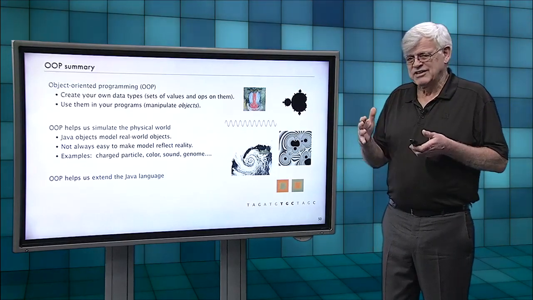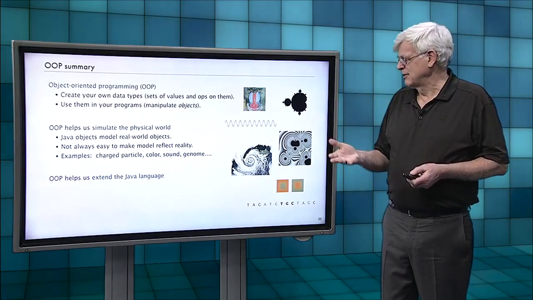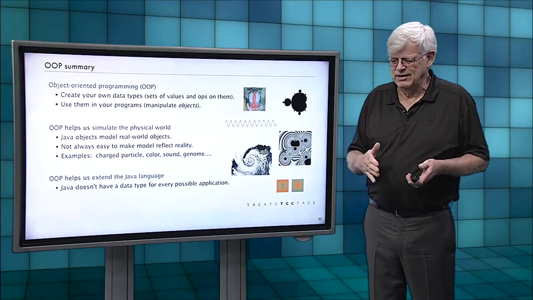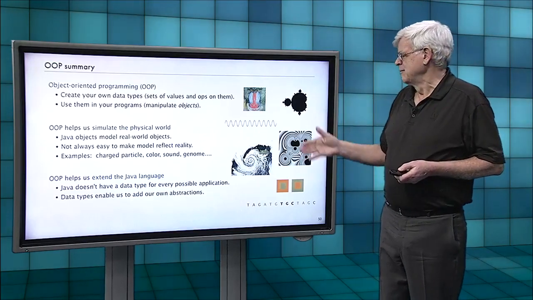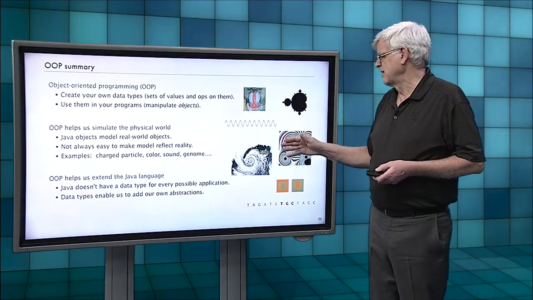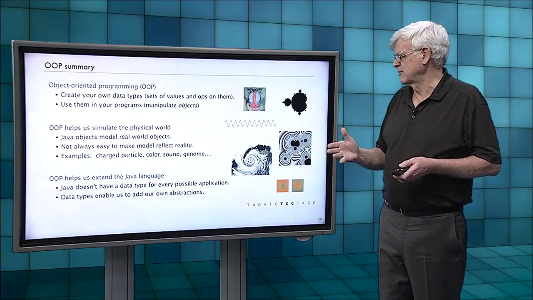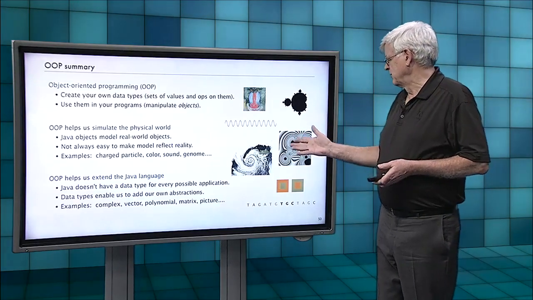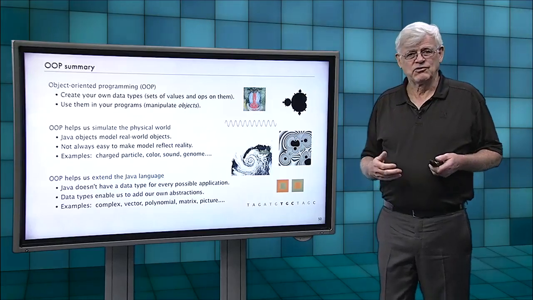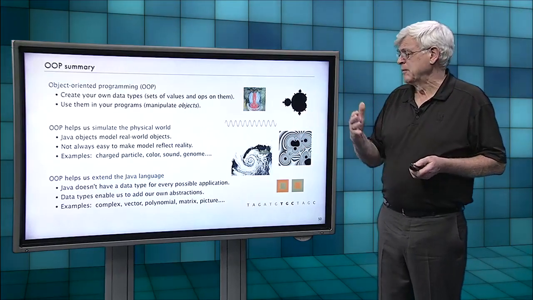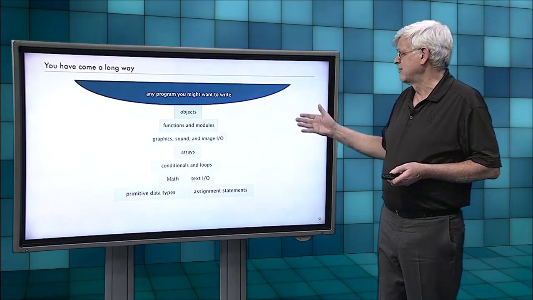And really, it helps us extend the Java language to include the data types that we need. Java can't possibly have a data type for every possible application, but it does give us a way to add our own abstractions. That's what a Java class does for us. And we've seen lots of examples of it just in this lecture, and we'll see many, many more examples because we're moving to a new level of programming.